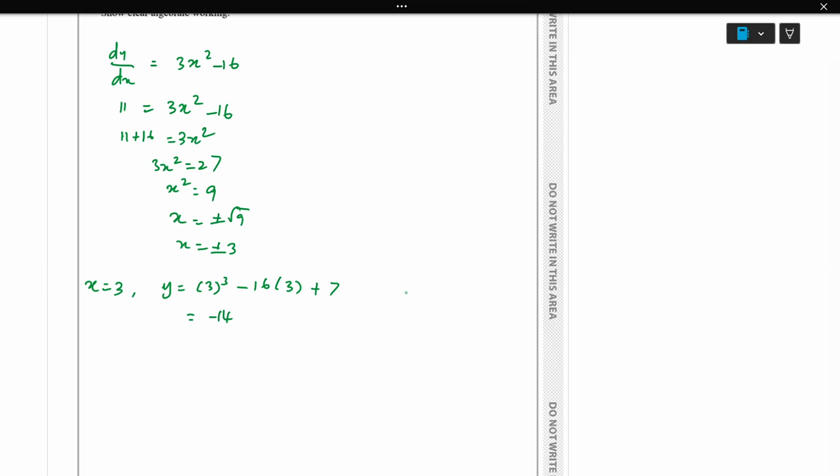So we got one coordinate, 3 comma negative 14. Next, x equals negative 3. We'll substitute again: negative 3 cubed minus 16 times negative 3 plus 7. So we'll get y equals 28. So our other coordinate is negative 3 comma 28.